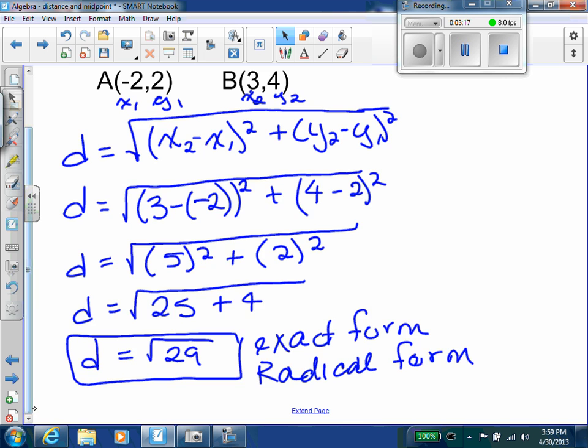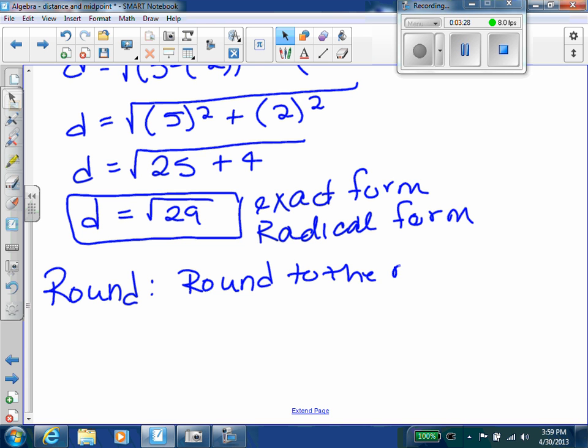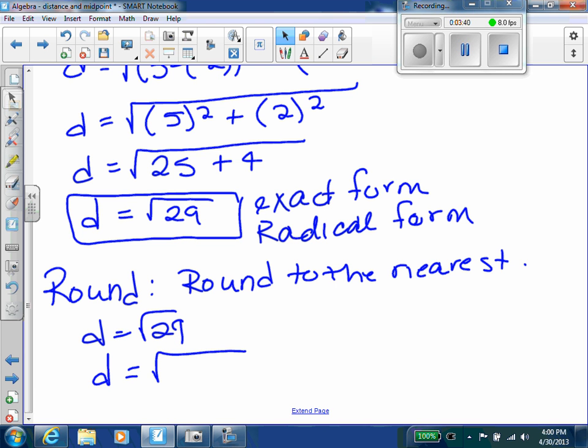If your instructions said to round, you might be asked to round to the nearest tenth. This is where you would use your calculator. If d is the square root of 29, that d would become, in your calculator, 5.385, so you would remove your radical sign once you put it into your calculator.